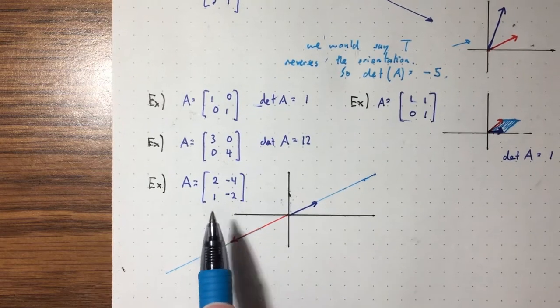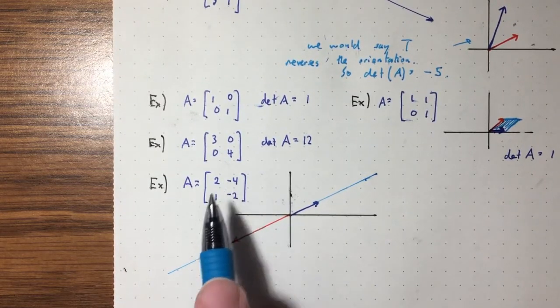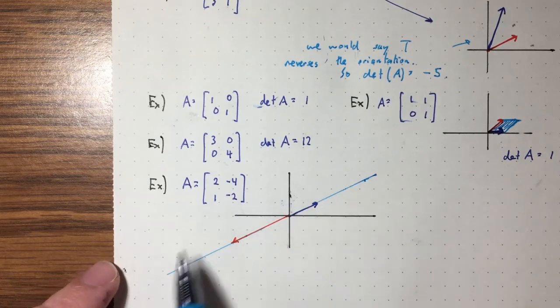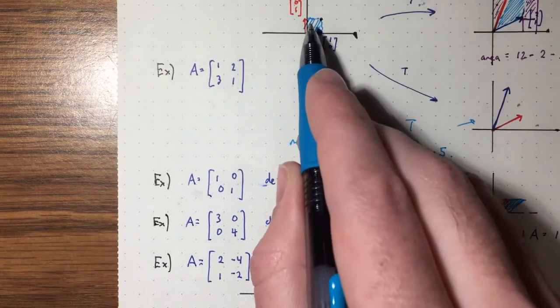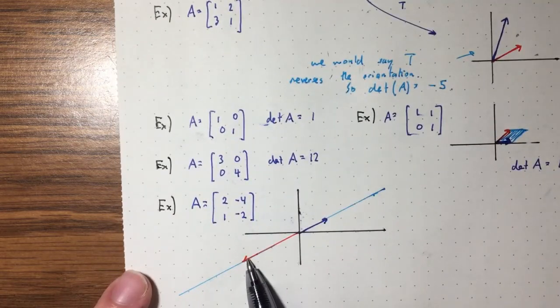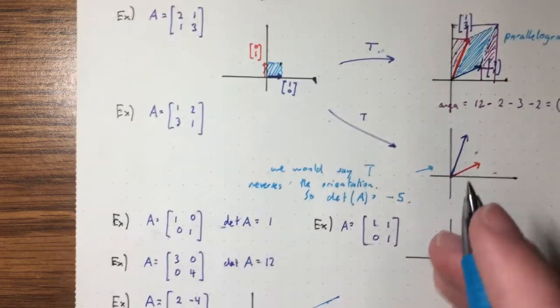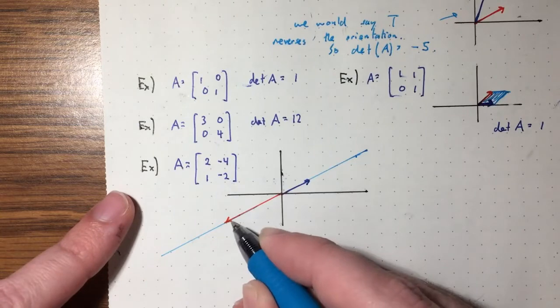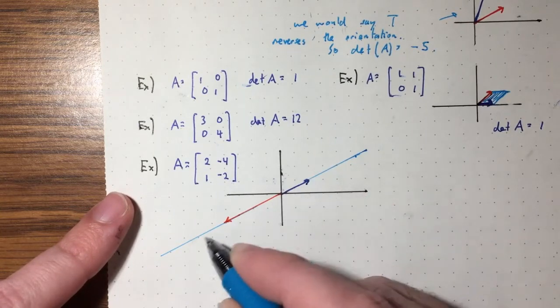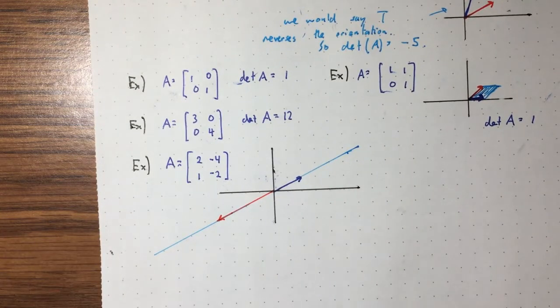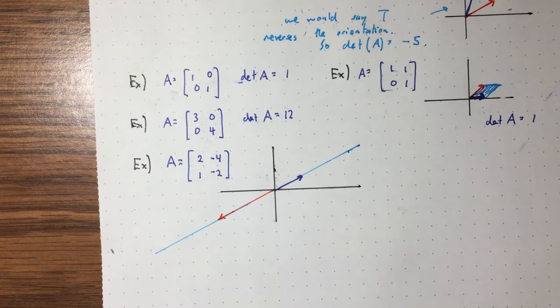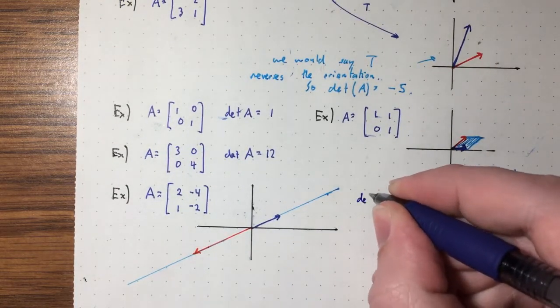So this is not an invertible transformation. It's not one-to-one. There's going to be some collapsing down involved. We actually collapse this unit square onto this line. I'd like to shade it in blue like I did up here, but I can't, because this is what happened to the square. So what will we say the area of that square is? Well, it's 0.